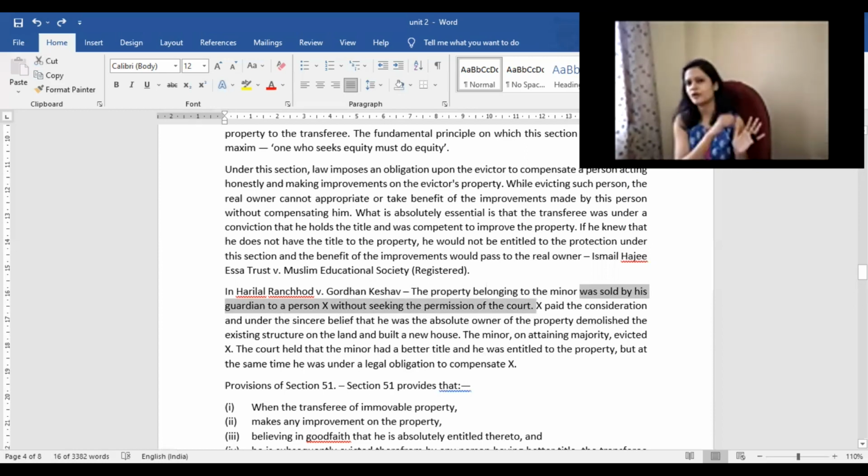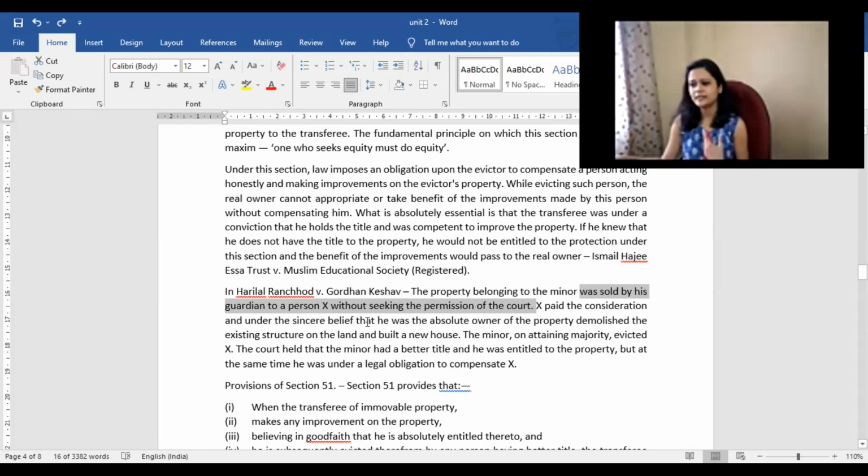Without asking for court's permission, this guardian sold the property to someone else. Now this buyer was in good faith, good belief. He thought that obviously this person would have taken permission from court. That is why he is selling the property to me. So he also gave the consideration, he paid the money and everything. Sale transaction was done.